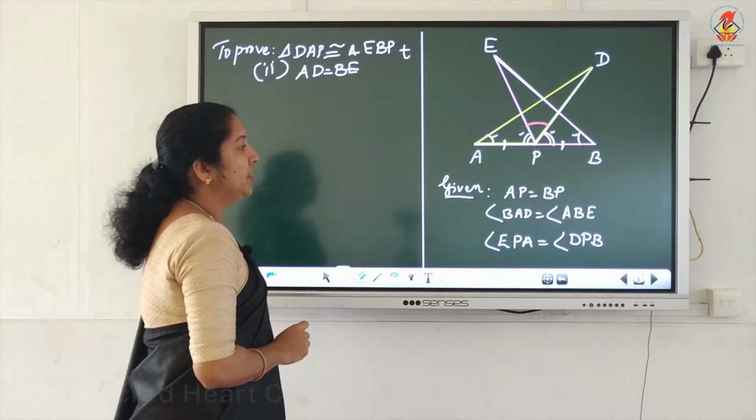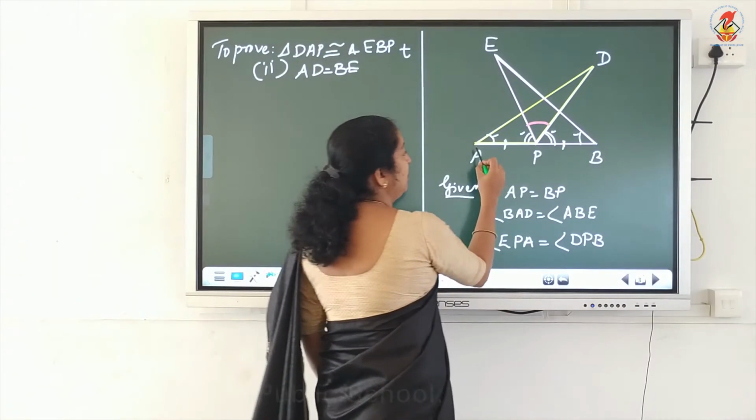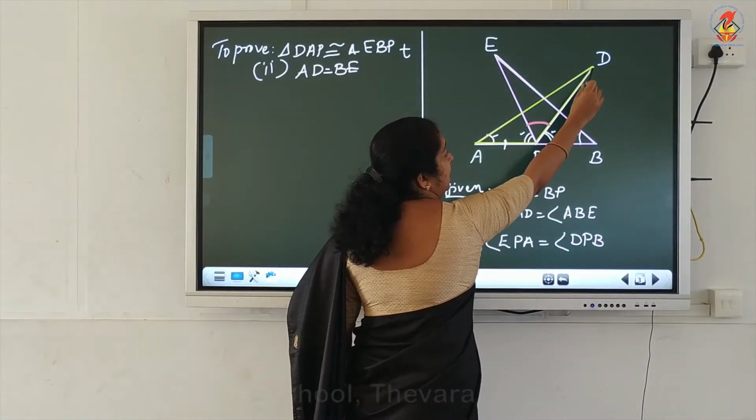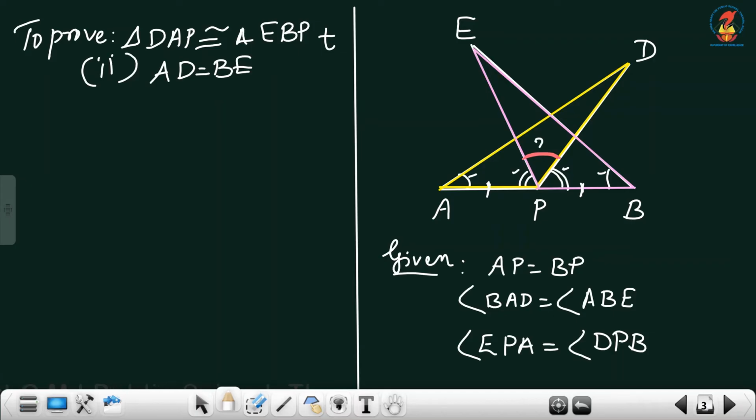What about the other angle? The other angle means it should be APD and BPE. That means this part is missing. We have to include that part also. We are already given that these two are equal, so we can add this to both sides. We can write one by one.